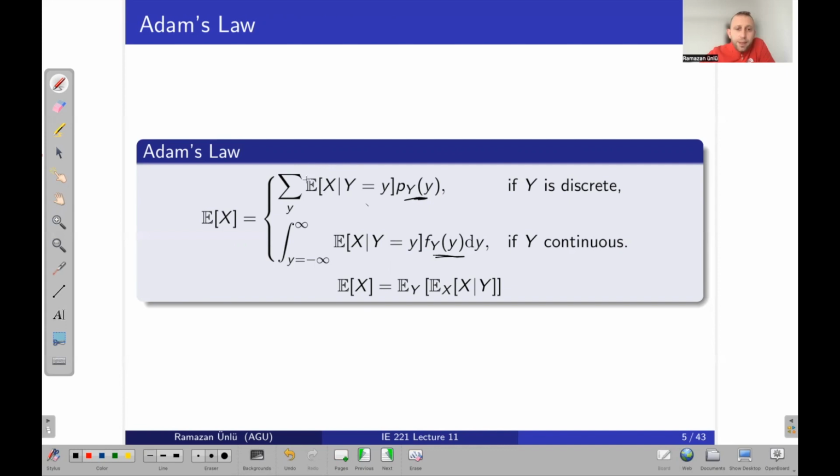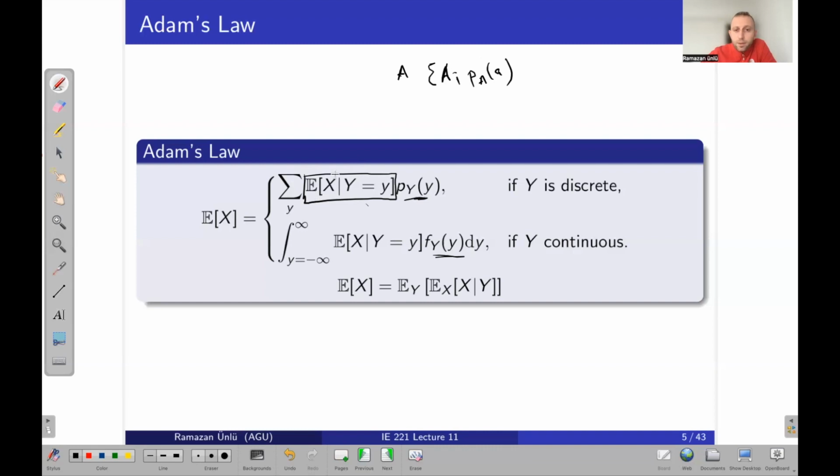So why can we use that one? This part can be considered as a new random variable, right? Because remember the general way of calculating the expected value of a random variable, let's say my random variable is A: I calculate the expected value of A as the summation of the random variable times the corresponding probability. So consider that this is a new random variable.